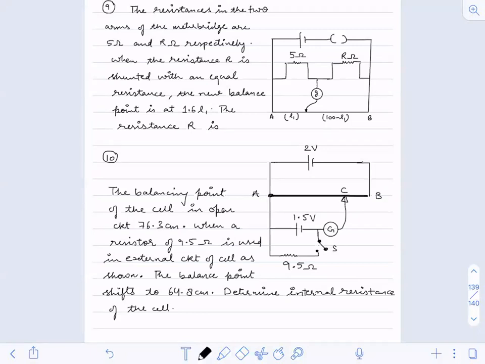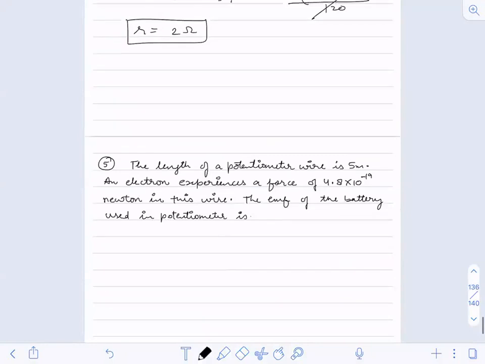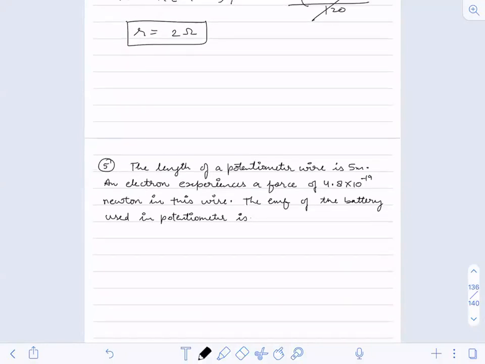And one more problem is here, the fifth, which is based on the general concept, not on any experiment. So six questions I'll be giving as homework. Those questions I'll put on your screen afterwards.